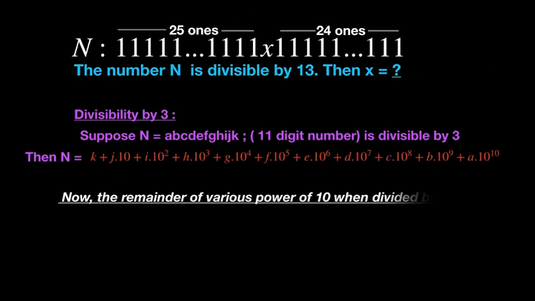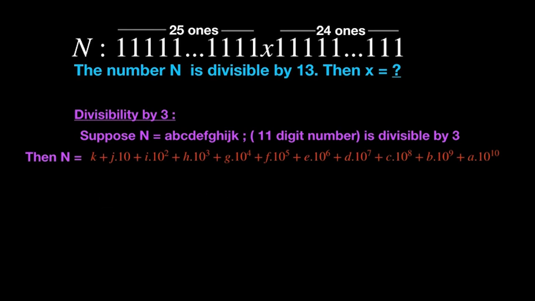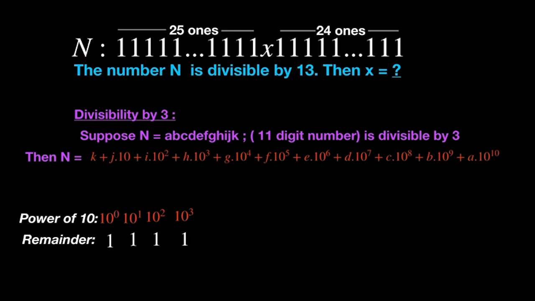Now the remainders of various powers of 10 when divided by 3. 10 to the power 0 means 1, so 1 gives remainder 1 when divided by 3. 10 also gives remainder 1, because 3 threes are 9, and 10 minus 9 gives 1.